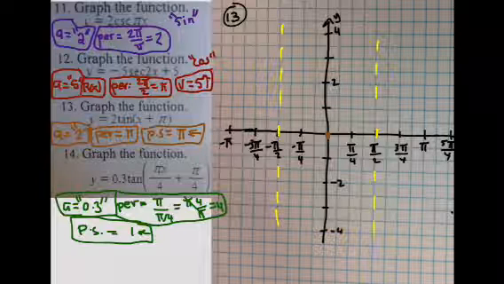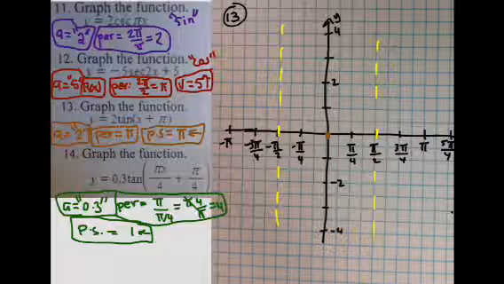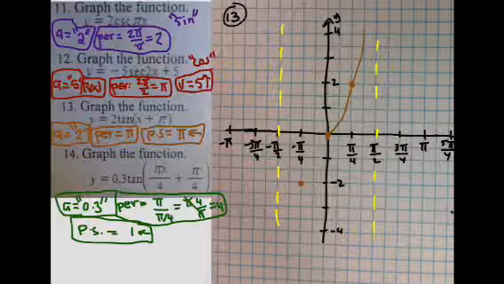This one does not have a reflection, so the regular tangent has a positive A value at 3/4 of the way, so right here, and a negative value for A at 1/4 of the way. So that's the graph.